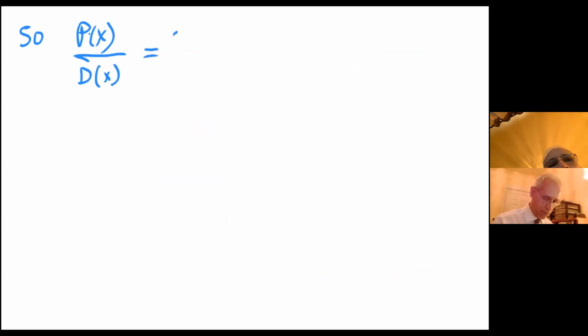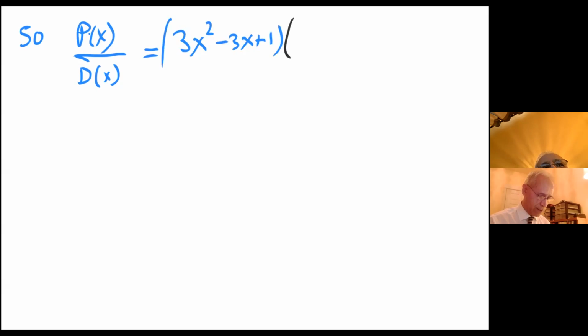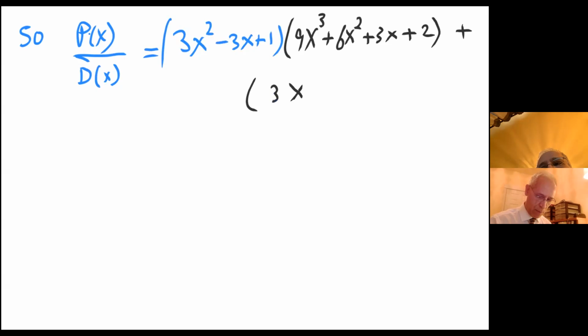So P of x divided by D of x equals 3x^2 - 3x + 1, okay, times 9x^3 + 6x^2 + 3x + 2 plus, not times, plus (3x - 5).